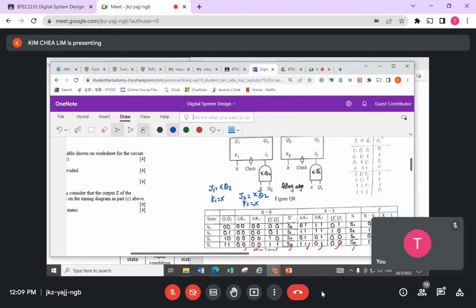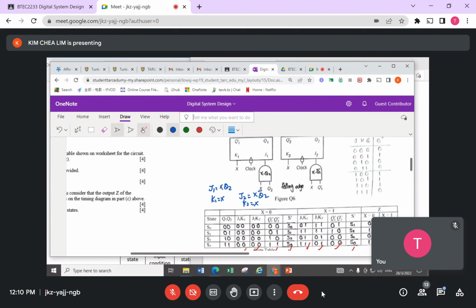Okay, next look at X is a 1. This one, all 1. And for the case of J1, it depends on Q2 now, because X is a 1. We go and check the Q2. Q2 is 1, 1, so 0, 1, 0, 1.